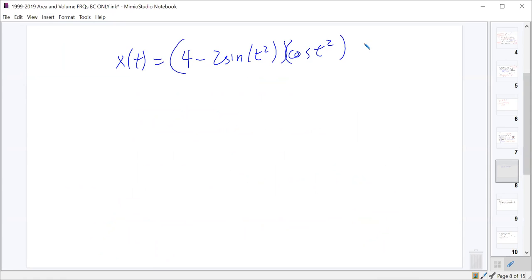Everybody good with that? And we'll set it equal to -1. We will use our graphing calculator, graph y equals -1 and look for where they intersect, or graph this plus 1 and look for its x-intercept. And it looks like that came out to be when t was 1.428. Any questions or issues there?